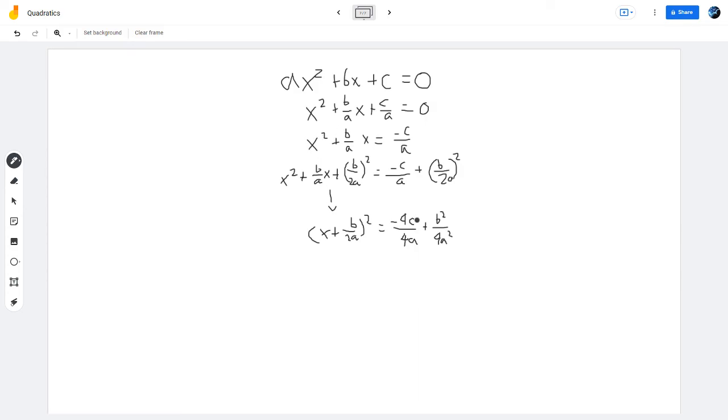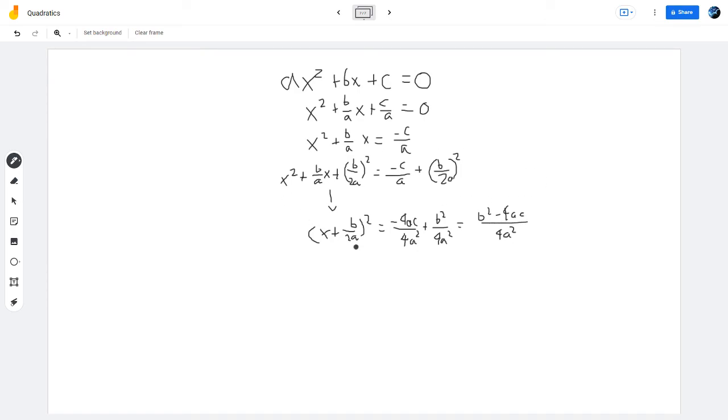Because we're squaring 2a, and also let's just make it so that they have the same denominator actually. So this is negative 4ac over 4a squared. So now this is going to be equal to b squared minus 4ac over 4a squared.